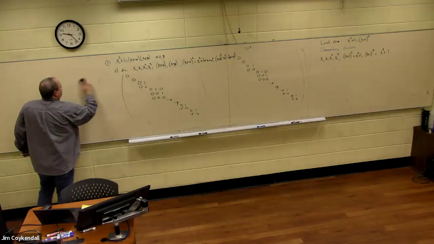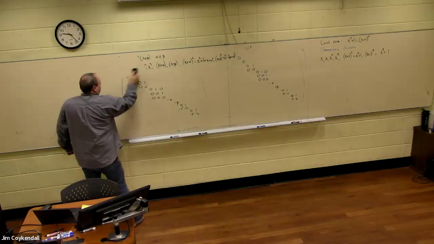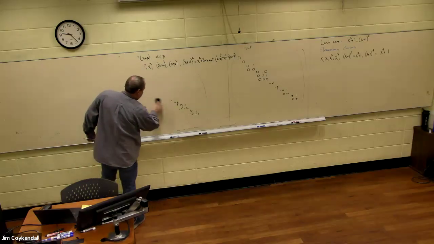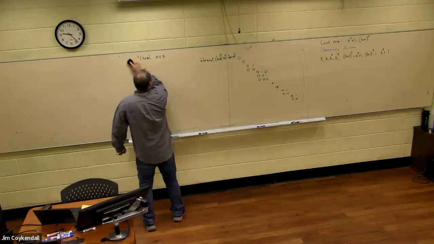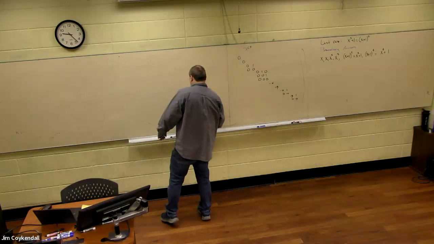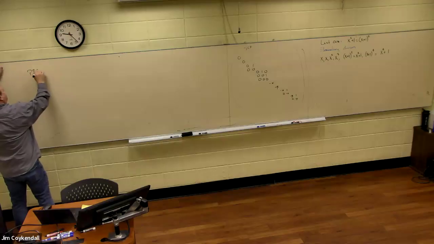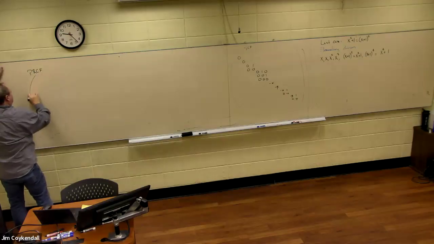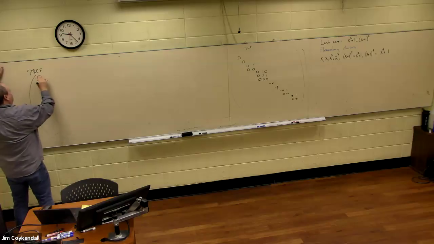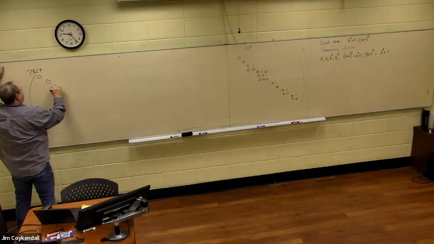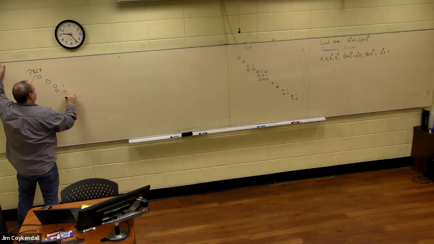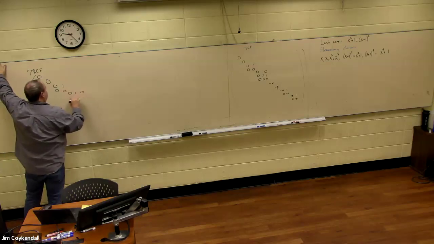So the primary rational canonical form. Okay, there's your x, x squared. Yeah, these are all kind of the same here.